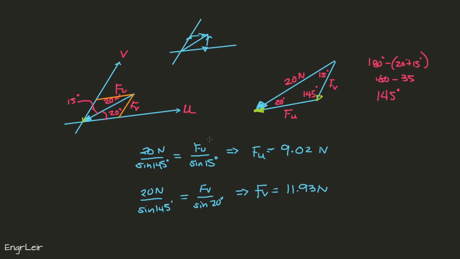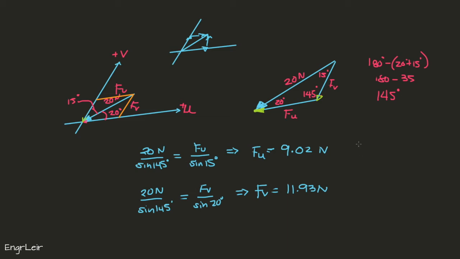Now for other cases, sometimes it's specified that these are the positive u and v axis, and since this is pointing to the other direction of the positive u-axis, then we say that fu should be negative and fv should also be negative. And those signs are not taken from the law of sines.